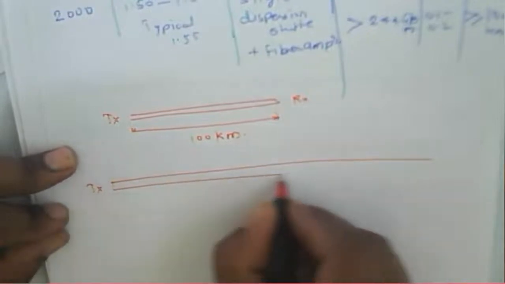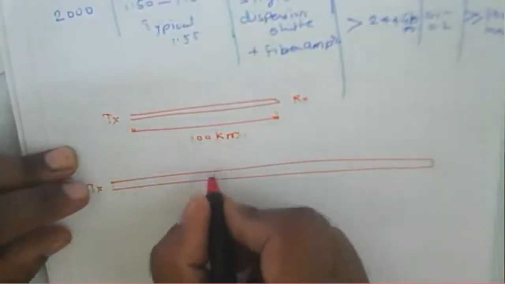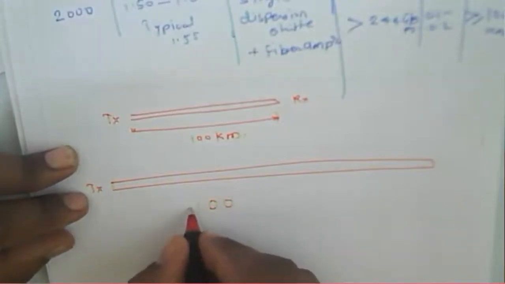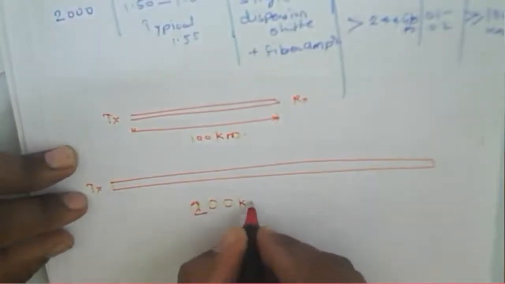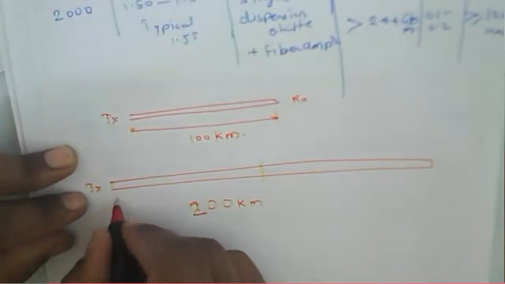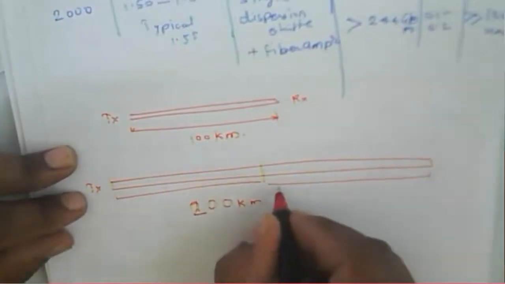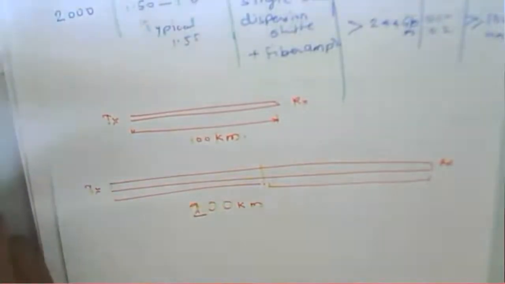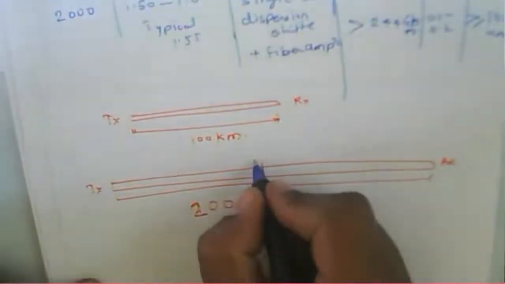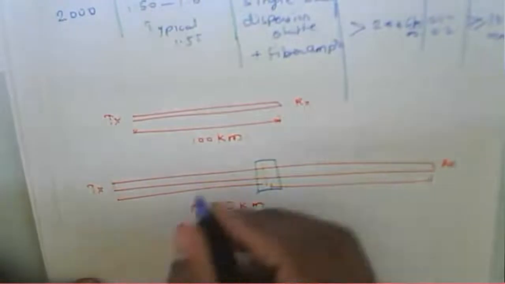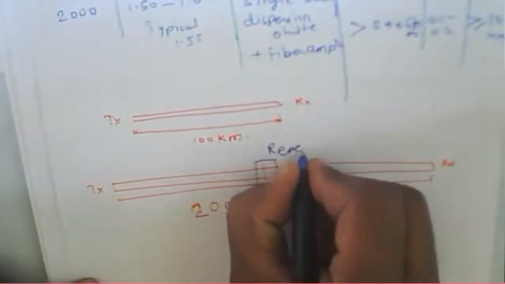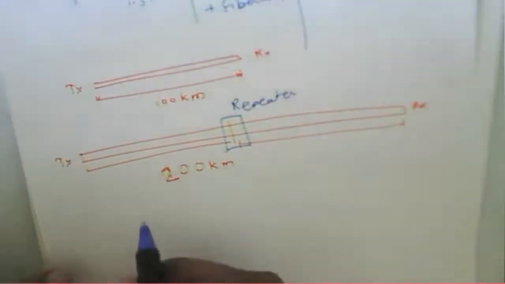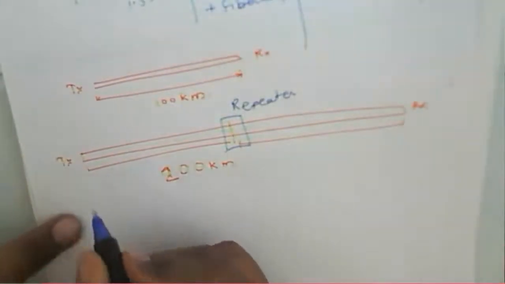If I wanted 200 kilometer, for example, this is 100 kilometer and another 100 kilometer, so in between we need to use a repeater.